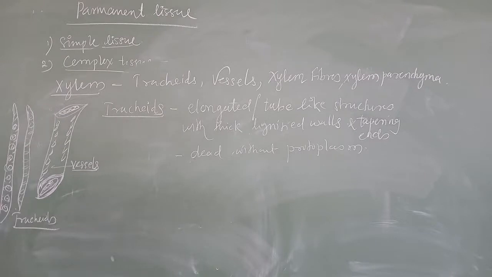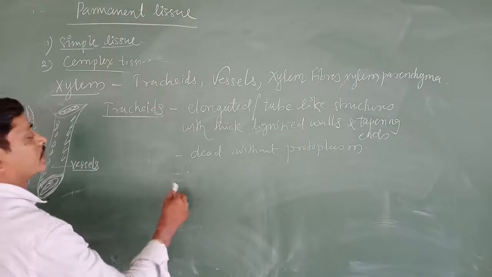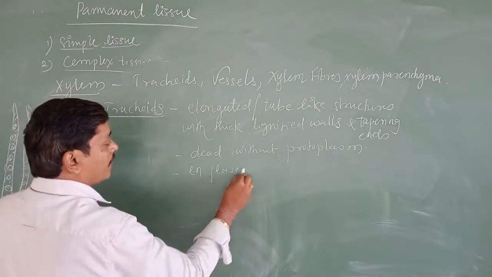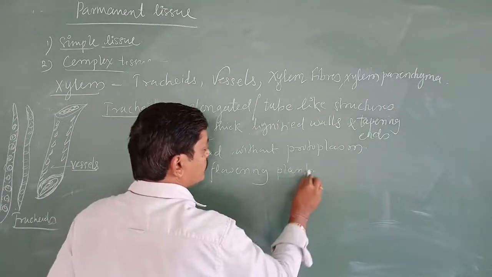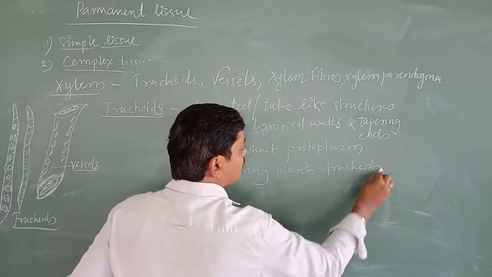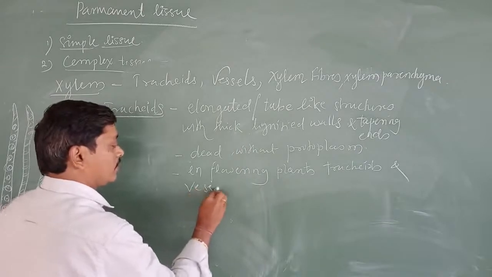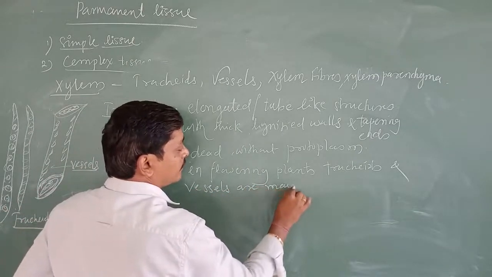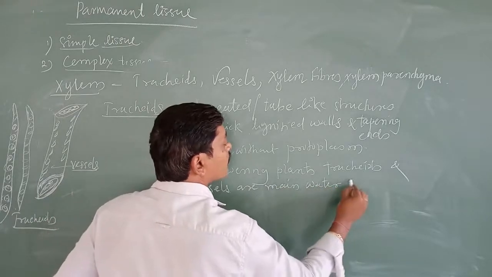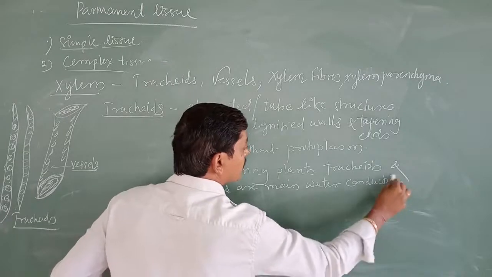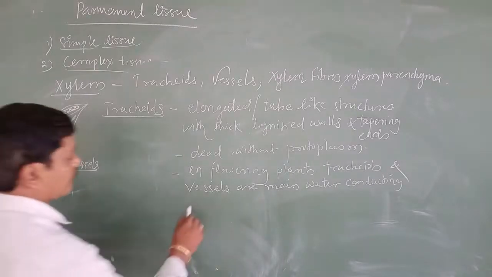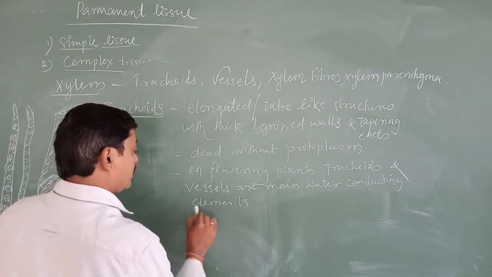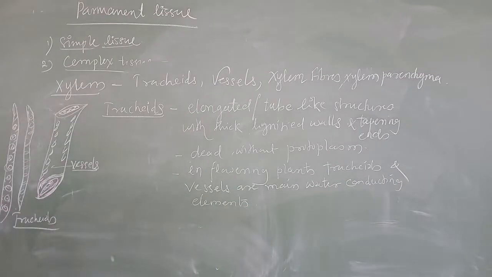In flowering plants, that is angiosperms, tracheids and vessels are the main water conducting elements. This is helpful in water conduction.